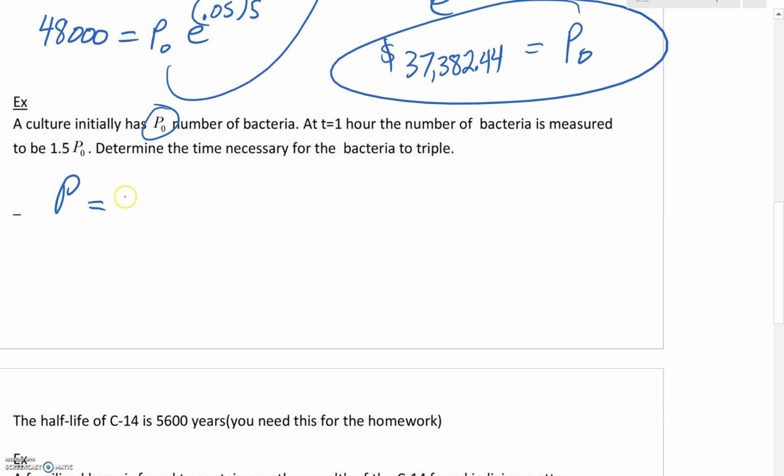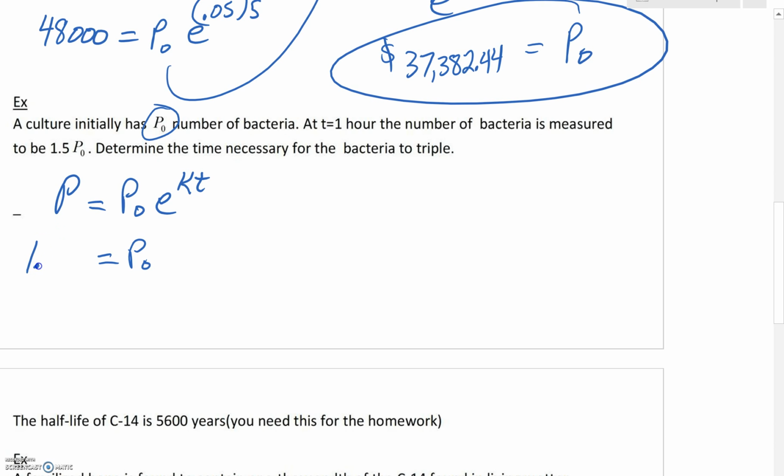Well, look, you could very quickly just jump to this standby. You could say P is equal to P naught e to the kt. I certainly don't know what I'm starting with specifically. I'm not given an exact number of bacteria. It's just in general.